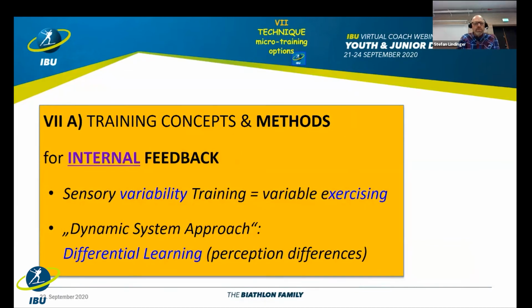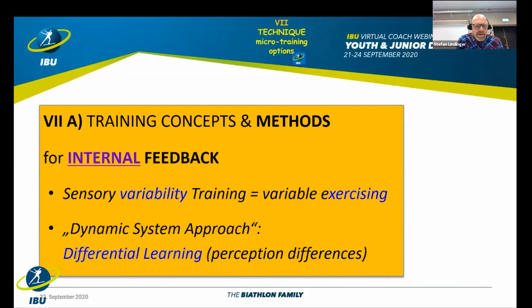So internal feedback by sensory variability training, also called variable exercising, and you can also call it the so-called dynamic system approach. It's nowadays called differential learning. And what is differential in that? I give exercises, tasks that create differences in the perception of the execution of a certain skating movement, for example.